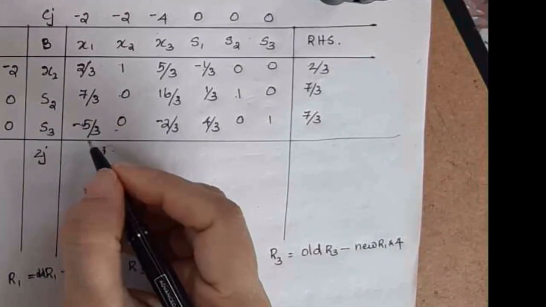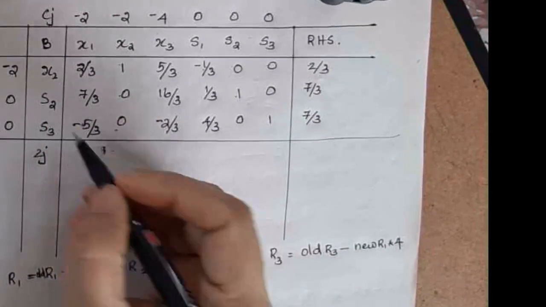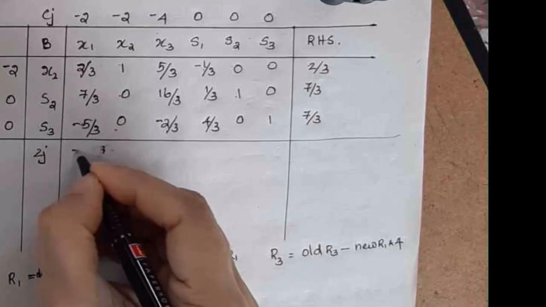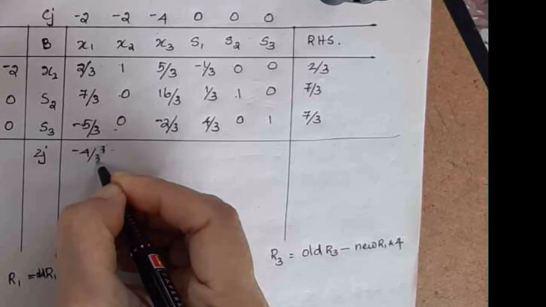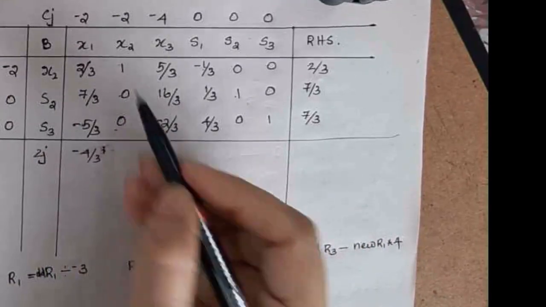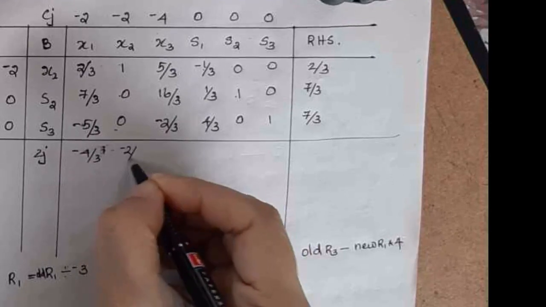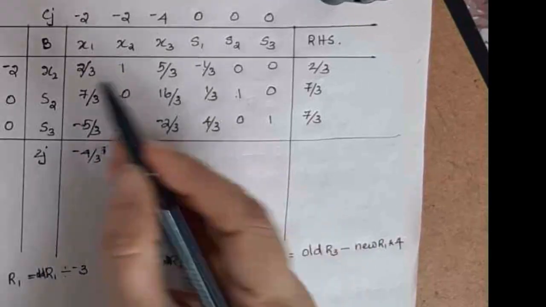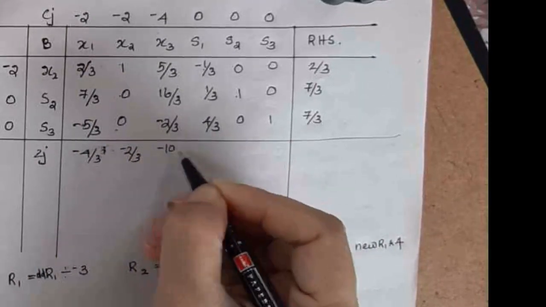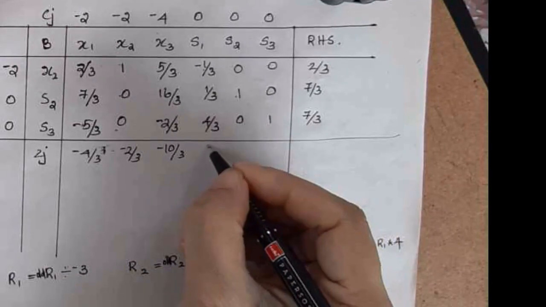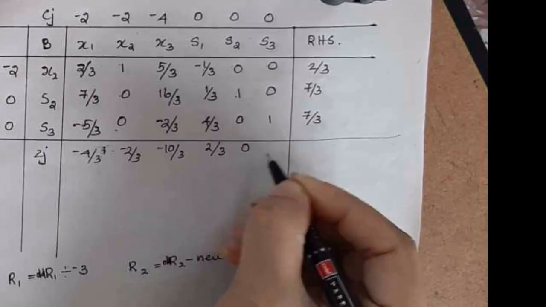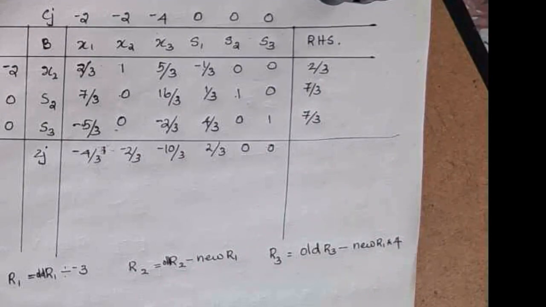So j is equal to, you have to multiply, this will be zeros. This is minus 4 by 3. Now this is again minus 2 by 3. These values will be minus 10 by 3. This is 2 by 3, 0 and 0. Okay.